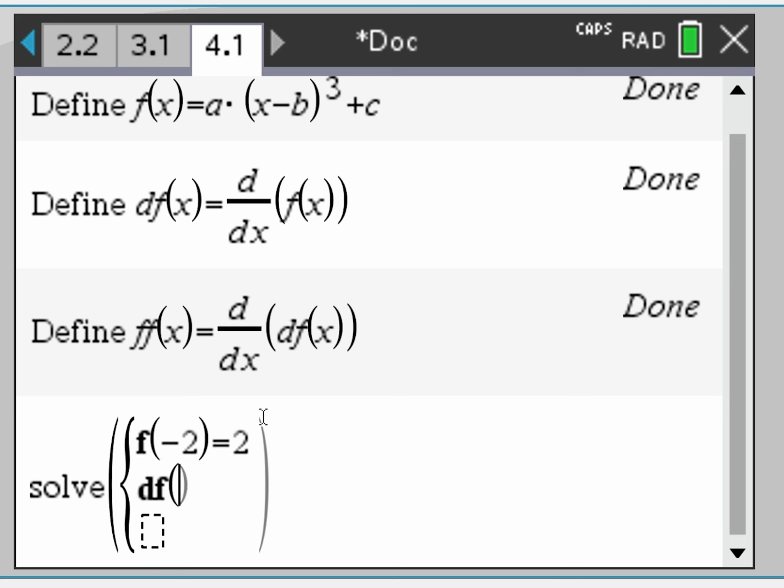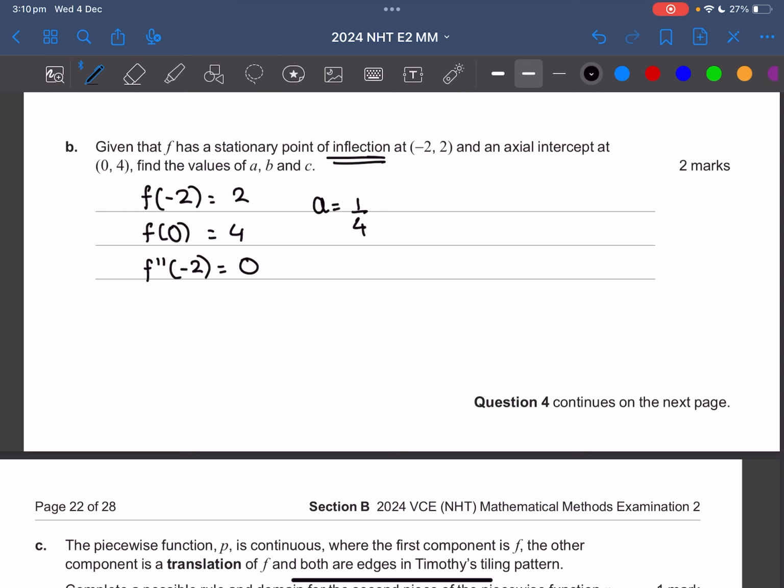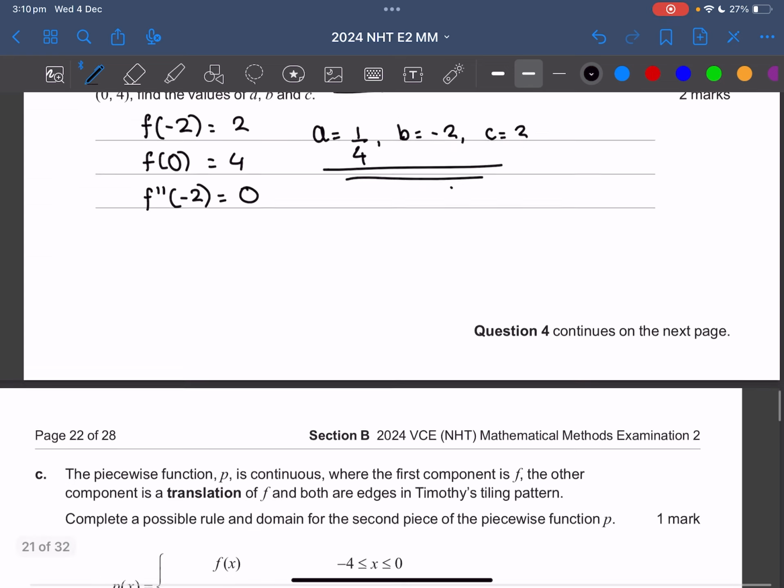We don't need df, so f of 0 is going to be 4, and ddf of -2 is equal to 0. So comma a, comma b, comma c. Okay, so these are our values. So a is equal to 1 on 4, b is equal to -2, and c is equal to 2. Okay, so that is the values of a, b, and c.